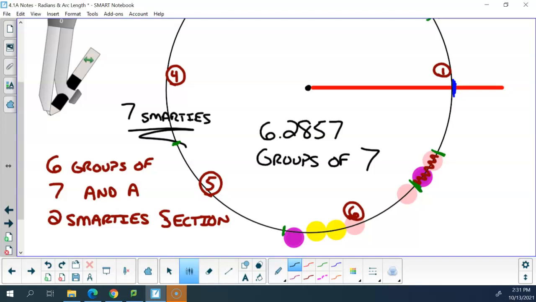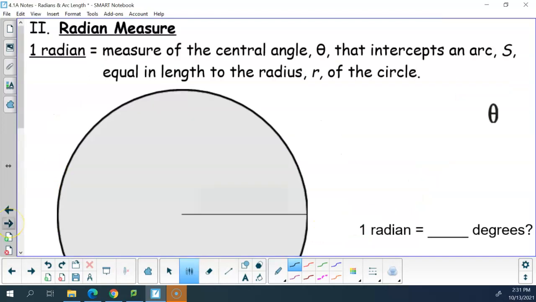What we actually just discovered, and what we're going to rediscover here momentarily, we're going to do it again, except this time we're going to go inside that circle, is we discovered the second form of angle measurement in trig. And that is the radian.